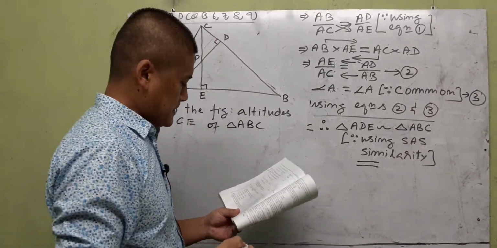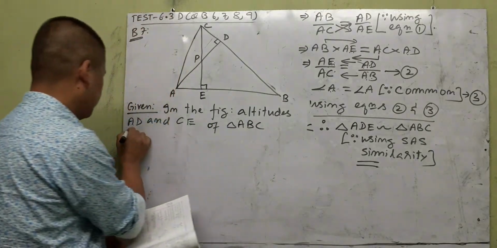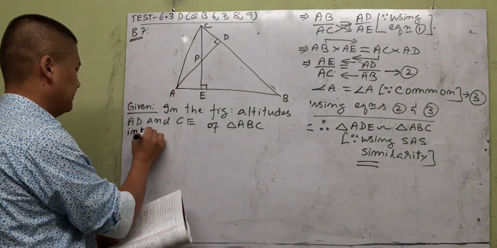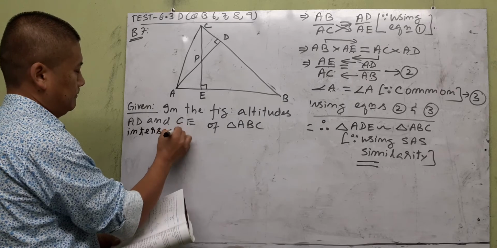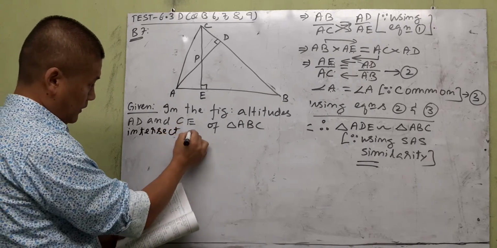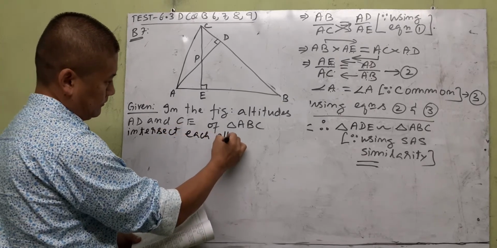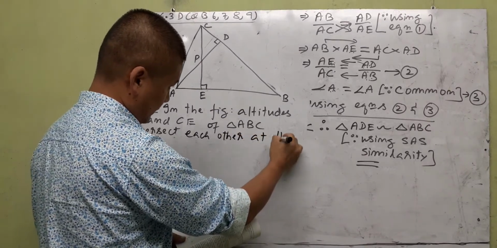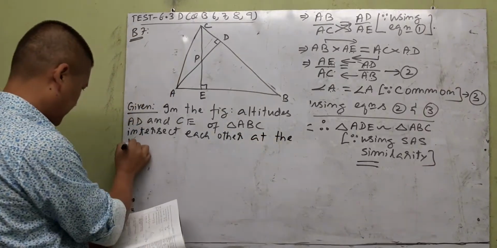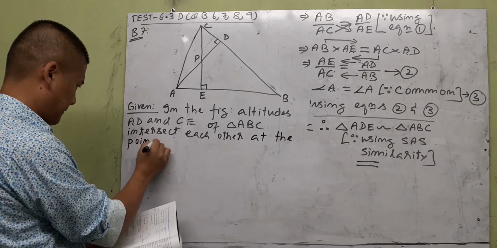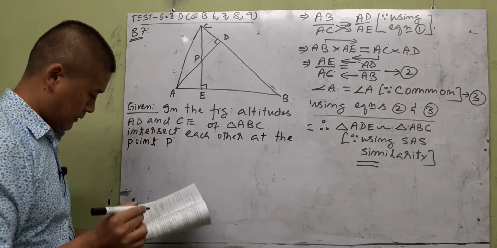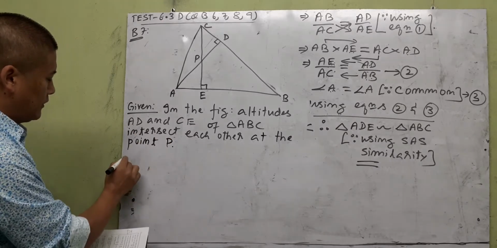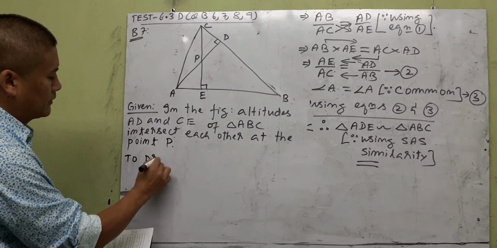Heights intersect each other at the point P. So this is given, and we have to show, means to prove only.